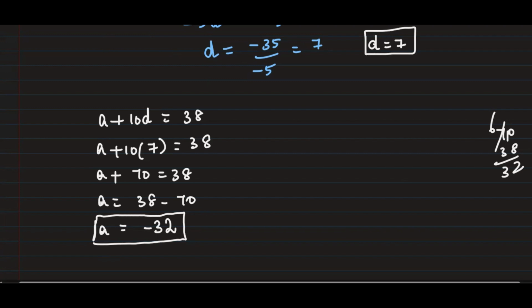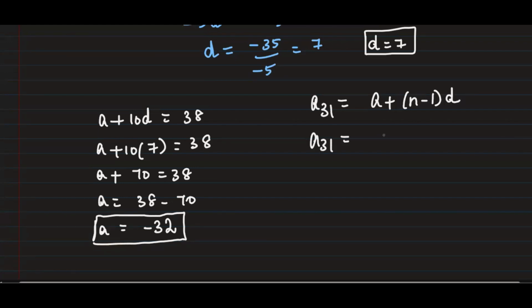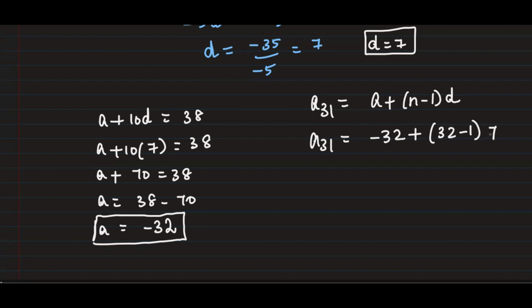Now the question is we have to find what is A31. That is the A31 term. We know the value of A and D. So A31 is equal to A plus n minus 1 into D. So A31 equals, A we know is minus 32, plus n is 32, so 32 minus 1, D value is 7.